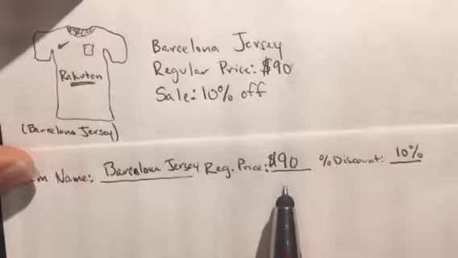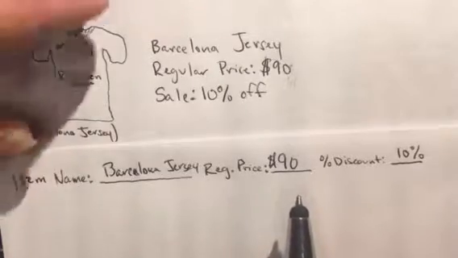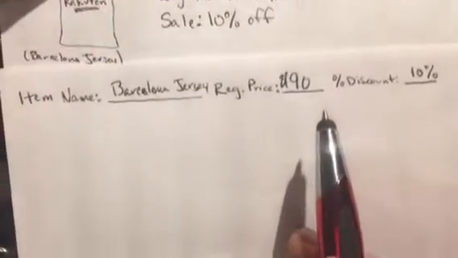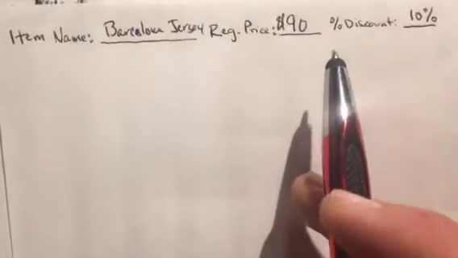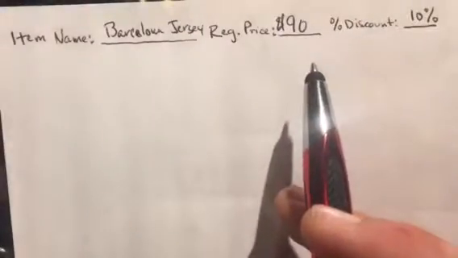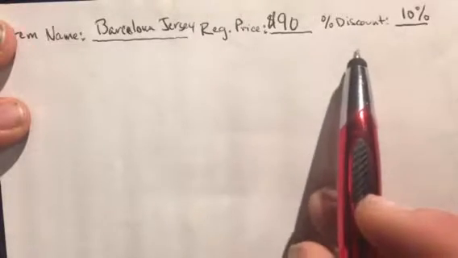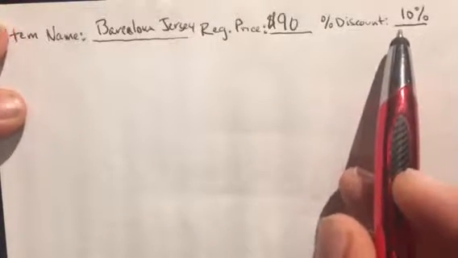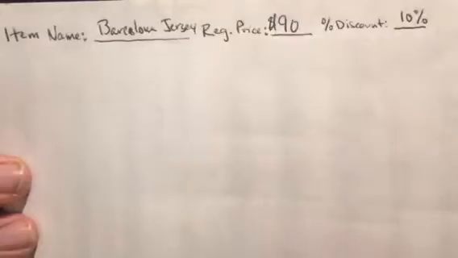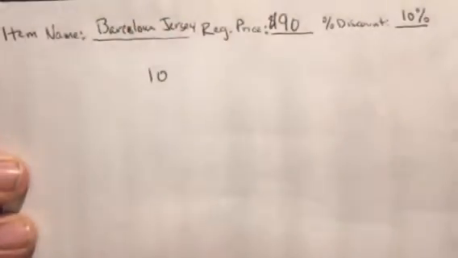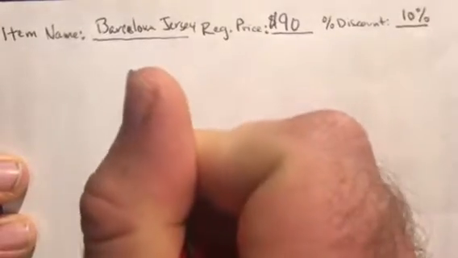You guys all know how to do that. We just have to set up our equivalent ratio. So I'm going to take away this page right now, and I'm just going to work with this page. So my Barcelona jersey is $90, and the percent discount is 10%. Well, I know that 10% is always 10 out of what number? If it's a percent, it's out of 100.